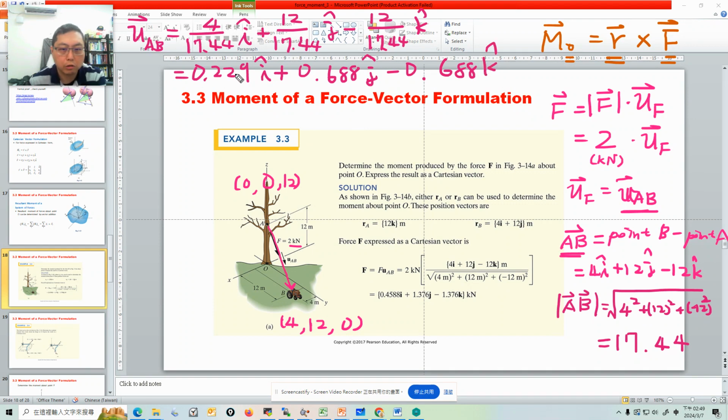So this is your unit vector of AB, and the unit vector of AB equals the unit vector of F. So finally you get your force vector is 2 kilonewton times this.